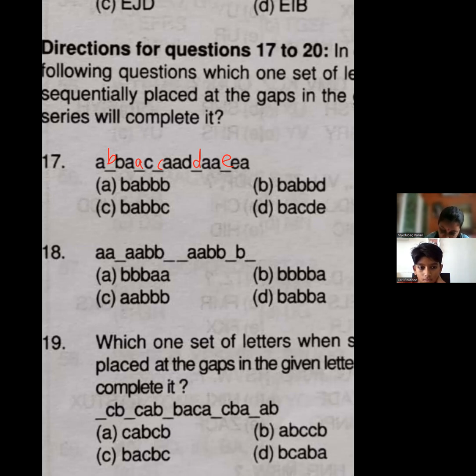So, first is A, then 2 times B, then again A, then 2 times A, then 2 times C, then again 2 times A, 2 times D, then again 2 times A and 2 times E.